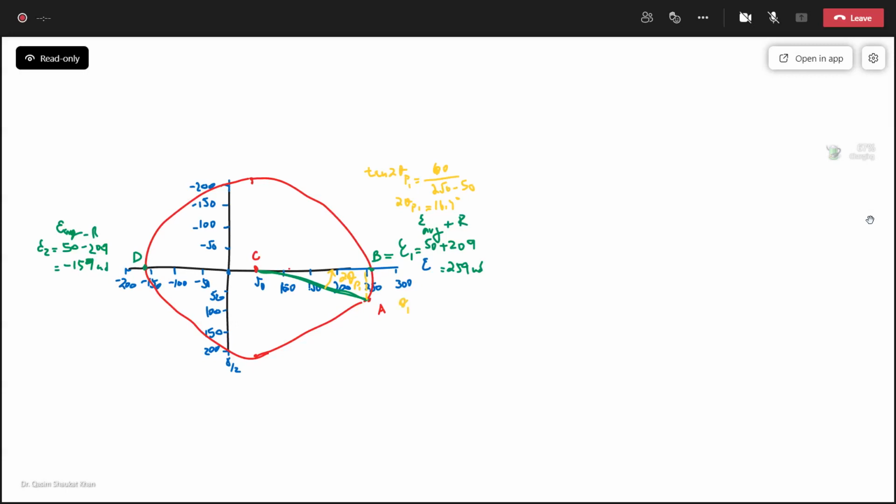Theta p1 is 8.35 degrees, and theta p2 is 98.35. ठीक है जी, 98.35.